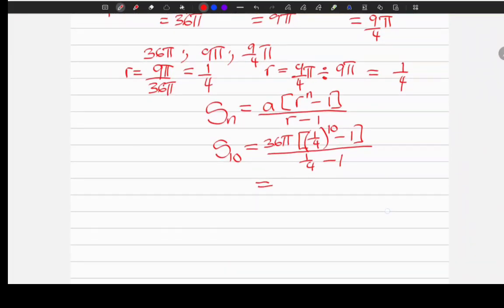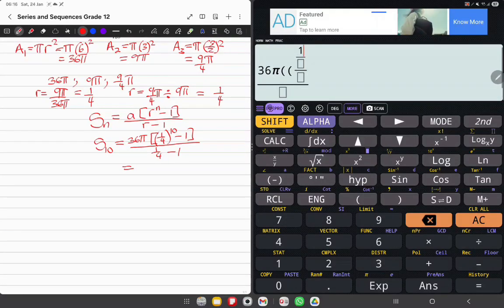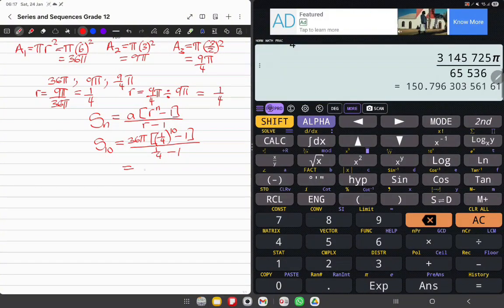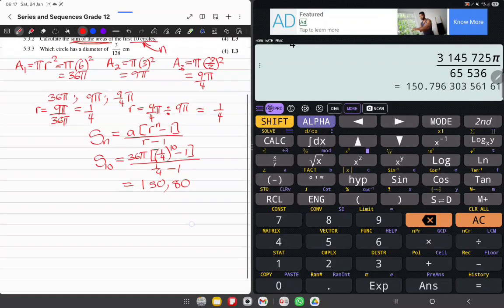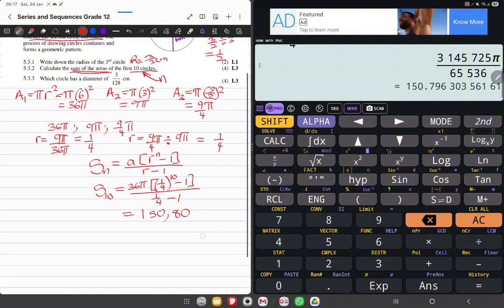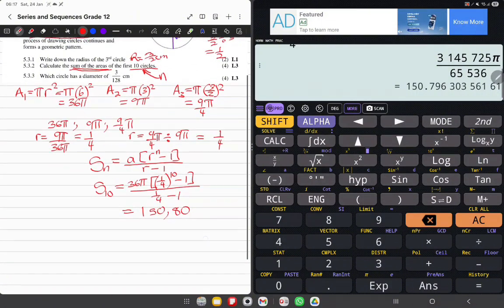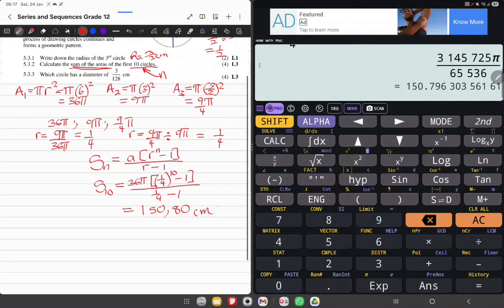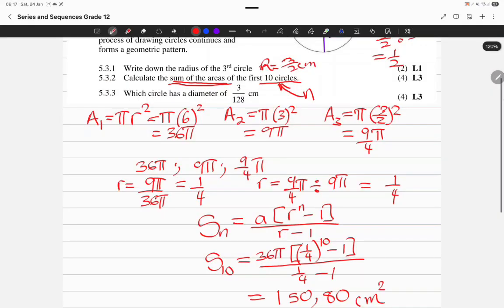The rest is a job for a calculator. My calculation gives me 150.80. This is the sum of the areas, and the radius is given in centimeters, which means our units are centimeters squared. Okay, that's out of the way.